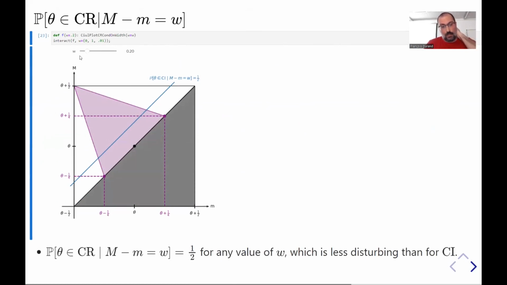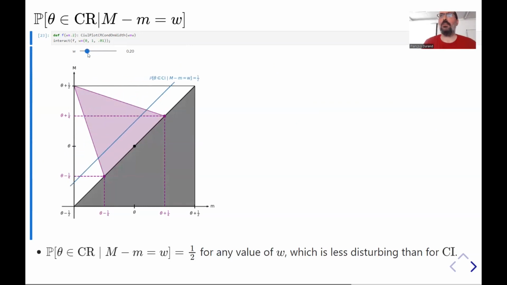And once again, we can see this by computing the probability that theta is in the credible region, and here it should be CR, not CI. Once again, it's the part of the line that is inside the purple region, and in fact, it's always 1/2.